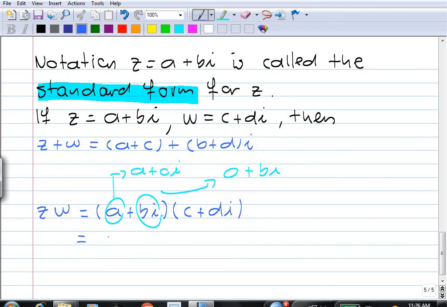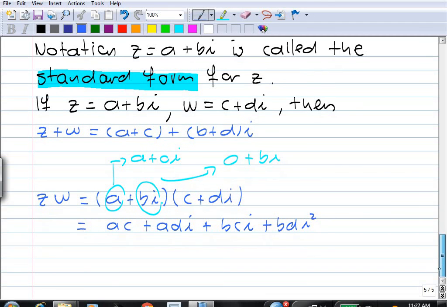So in other words, we can write it as ac plus adi plus bci plus bdi squared. And now remember, i squared is minus 1, so that gives minus bd.